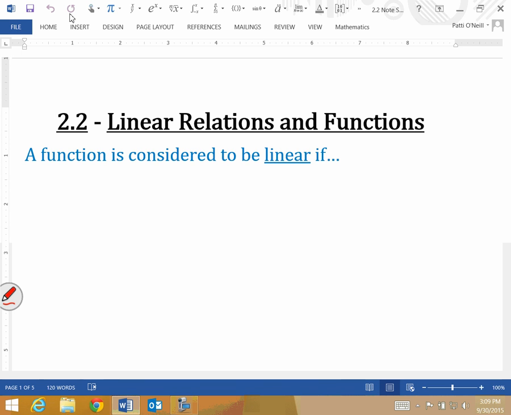So a function is considered to be linear if certain criteria are met. First, graphically, the graph is a line. There's no curve to it. It's completely straight, and that's what constitutes a linear function graphically.